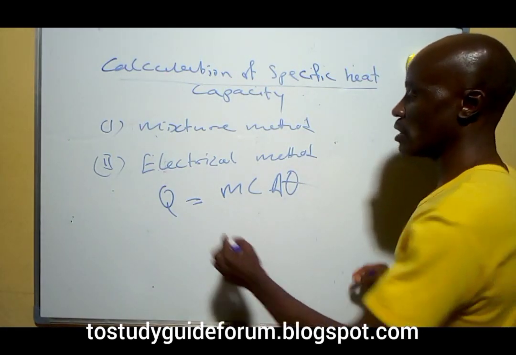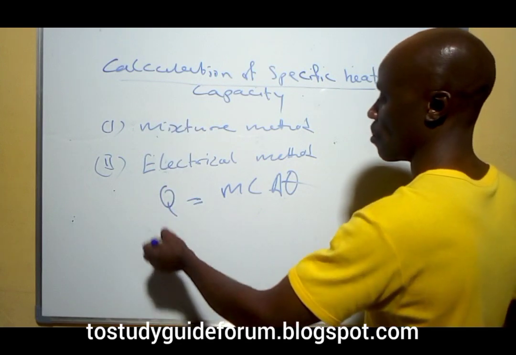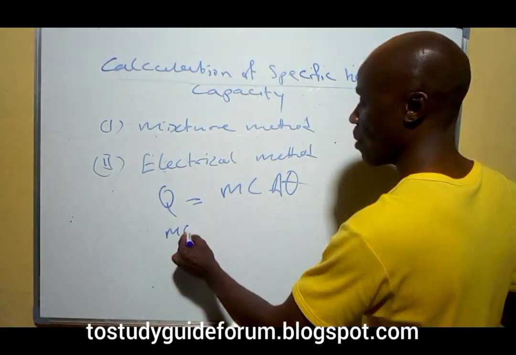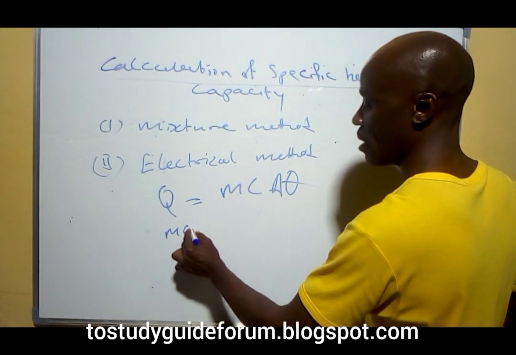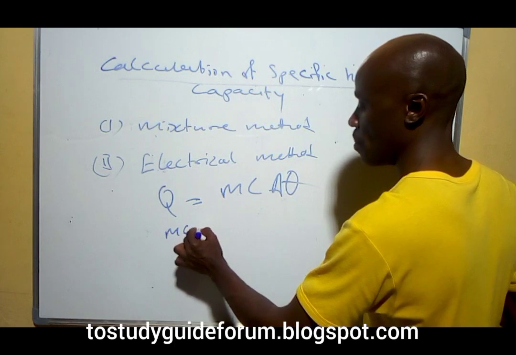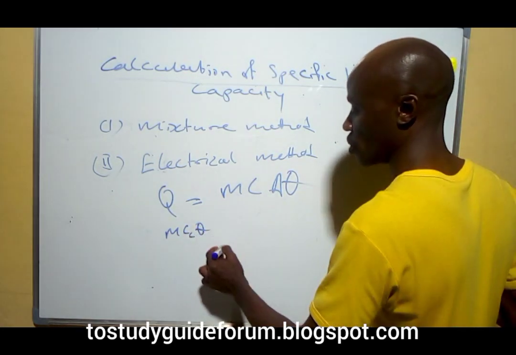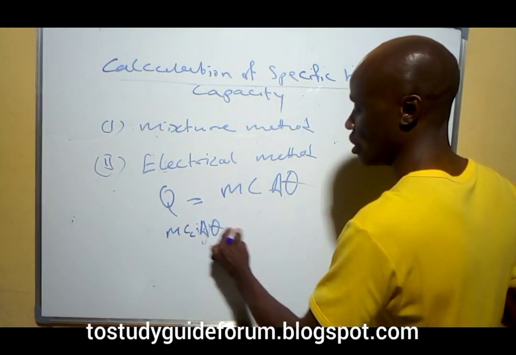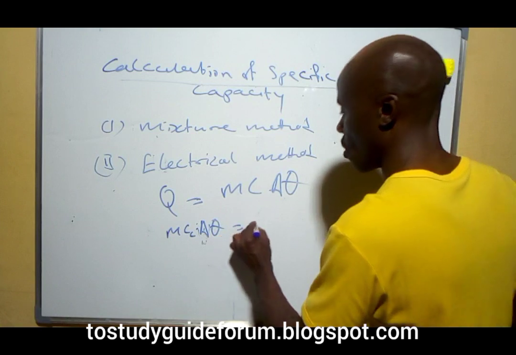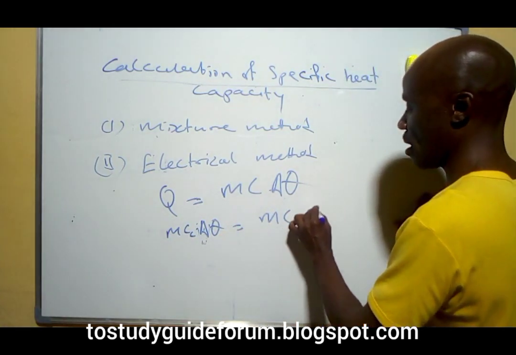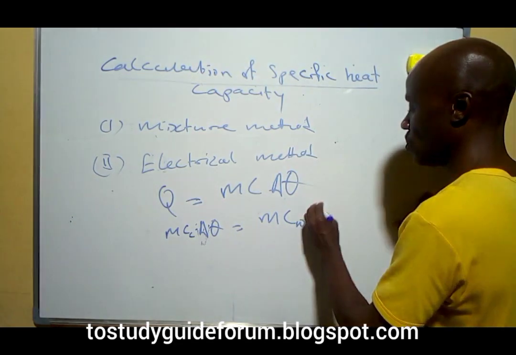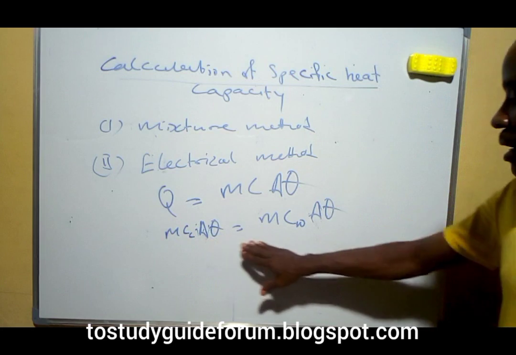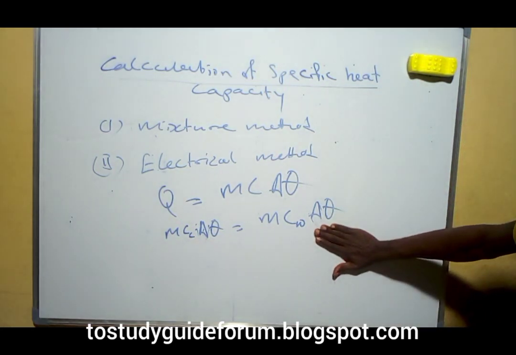Knowing that the quantity of heat is coming from another substance, let's say copper, we know the mass of the copper, and we know the specific heat capacity of the copper, and then we have the temperature change of the copper, which will be equal to, perhaps this one is water, the change in temperature of the water. So the heat lost by this one is the same heat that is gained by the water.